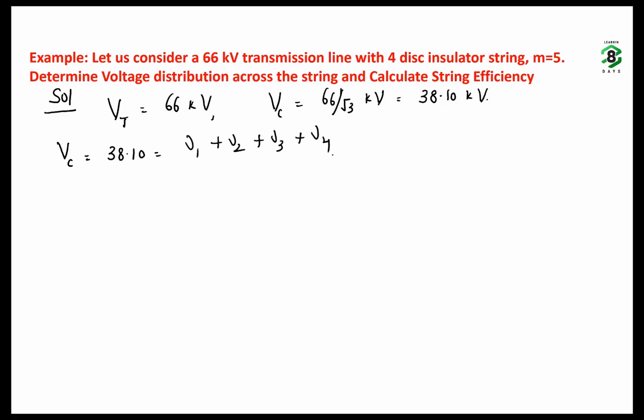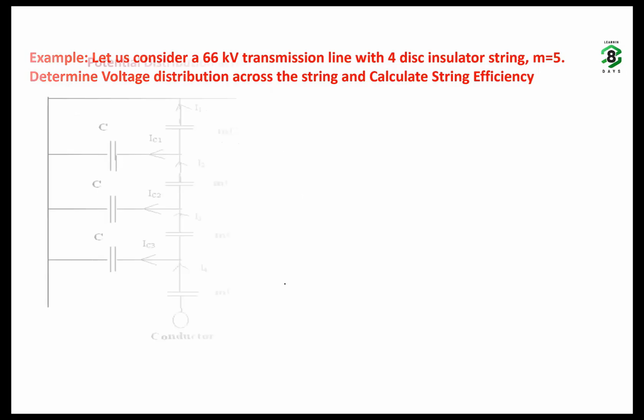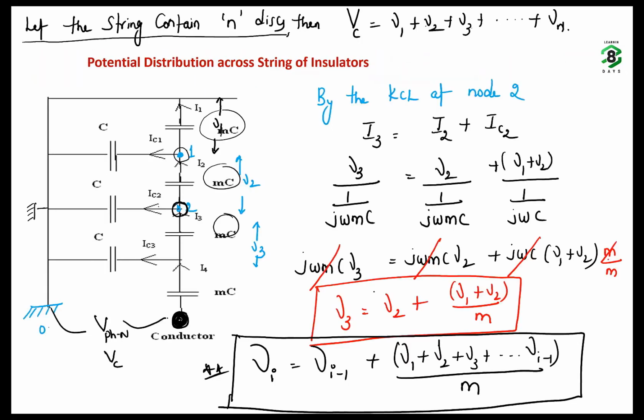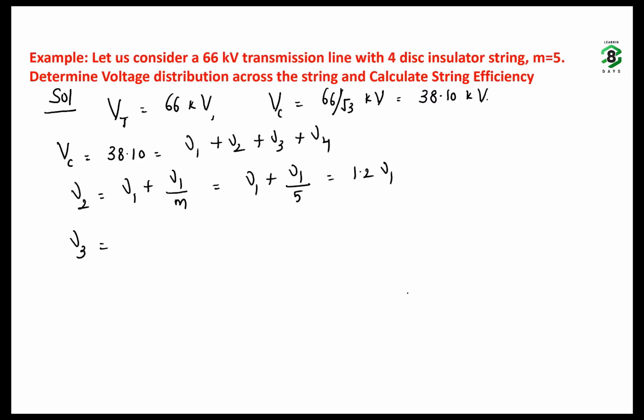All these individual voltages we have to calculate. How to calculate? Very simple. We know the formula for v2. V2 is equal to v1 plus v1 divided by m. With m given as 5, this will become 1.2 v1. Similarly, v3, if you apply this generalized formula: V3 is equal to v2 plus (v1 plus v2) whole divided by m.